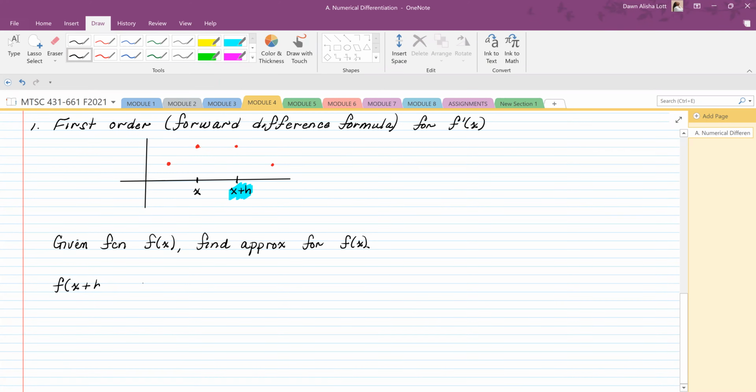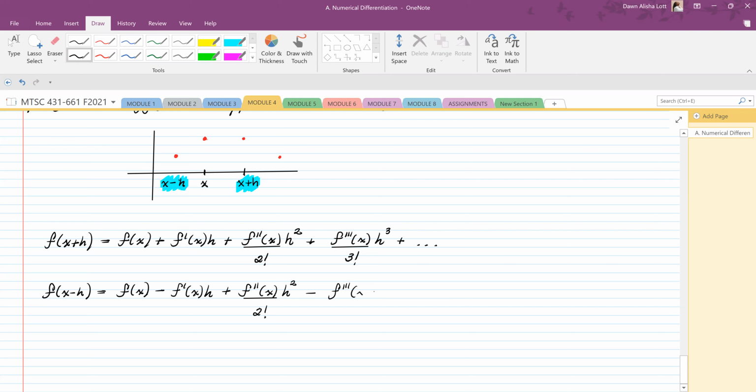And f at x minus h is f at x minus f prime of x times h plus f double prime at x times h squared over 2 factorial, nope, that one's a minus, minus f triple prime at x times h cubed over 3 factorial.